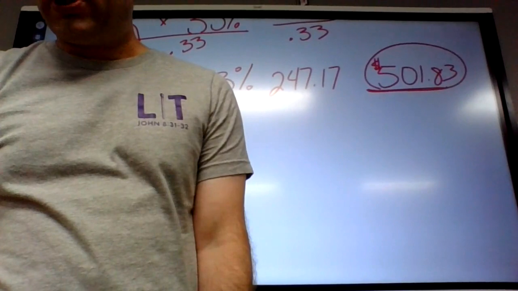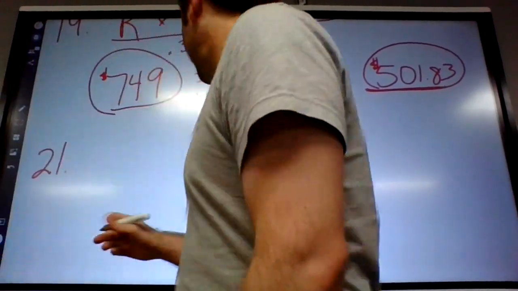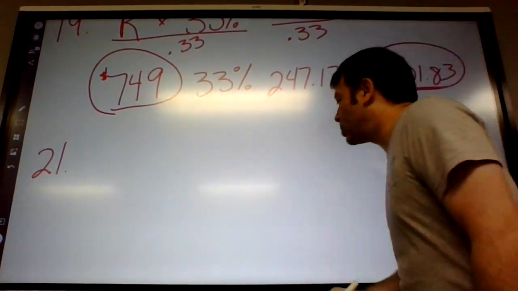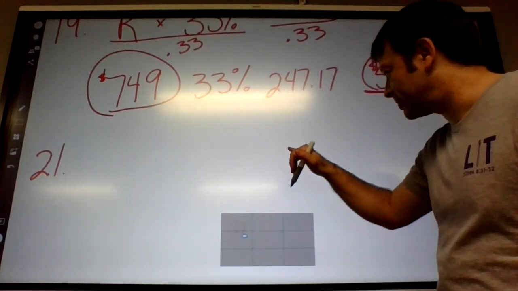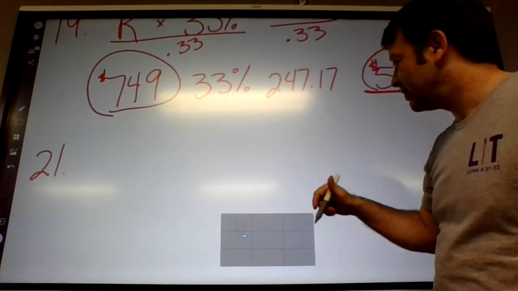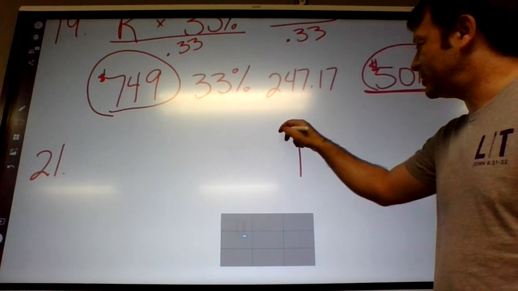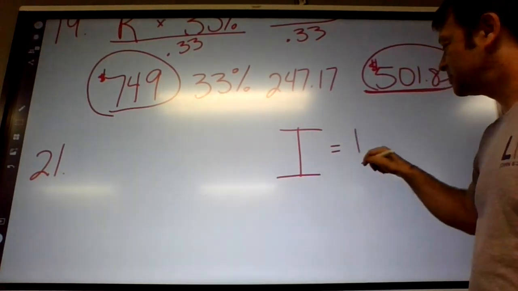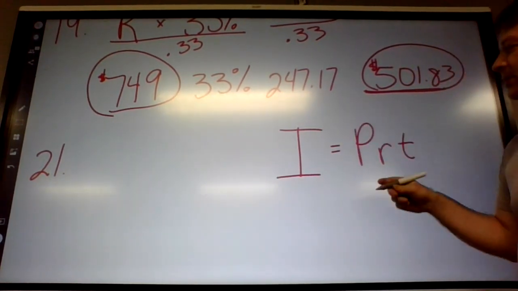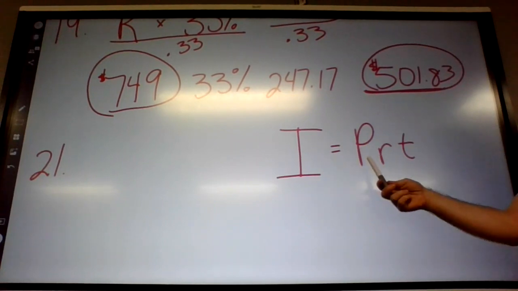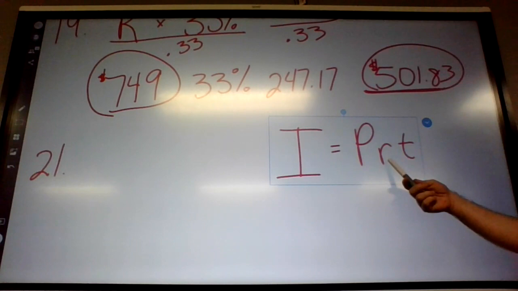So, number 21. Maybe you guys remember, because we talked about it last week, what the interest formula is? Principal times rate times time. The principal means the original amount borrowed or loaned. The rate is the interest rate.